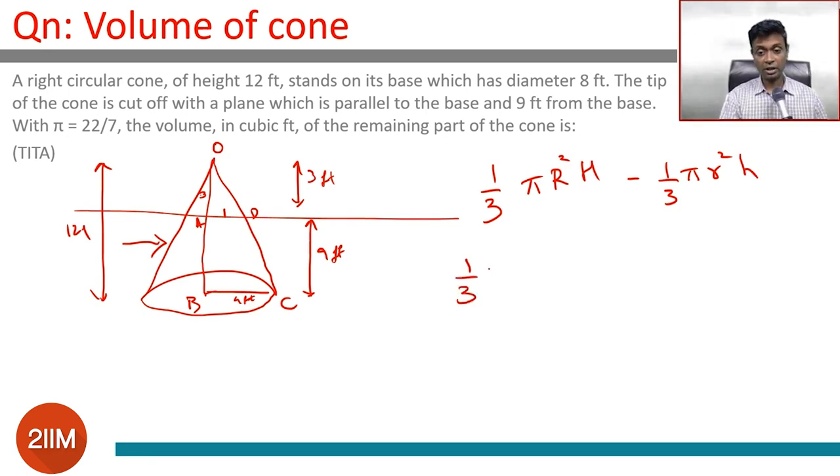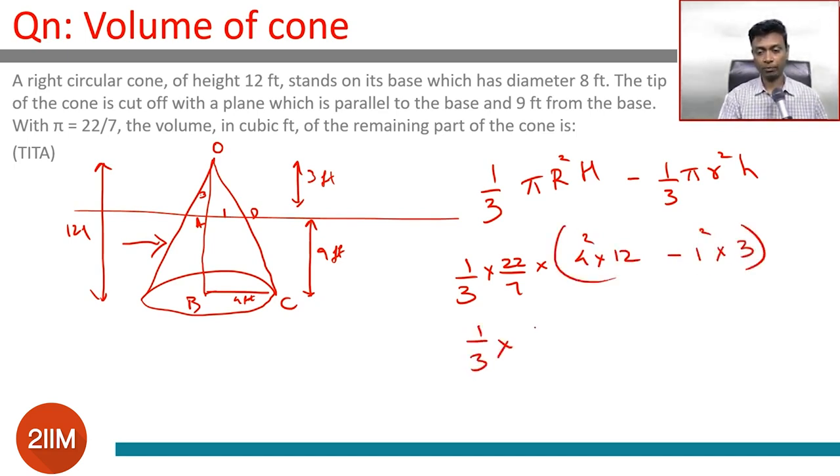So 1/3 into 22/7 into 4 square into 12 minus 1 square into 3. 1/3 into 22/7 into 3 into 64. 4 square into 4, I'm taking out a 3 minus 1.